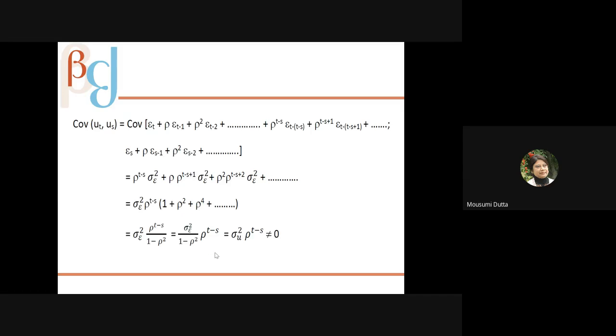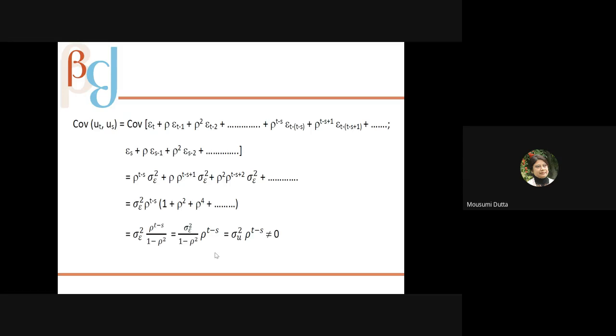Next, we consider the covariance of u_t and u_s, where both t and s run from 1 to say small t. However, t is not equal to s. So we are calculating this.